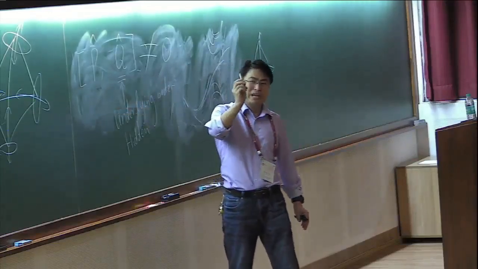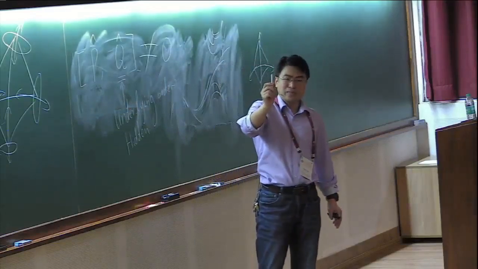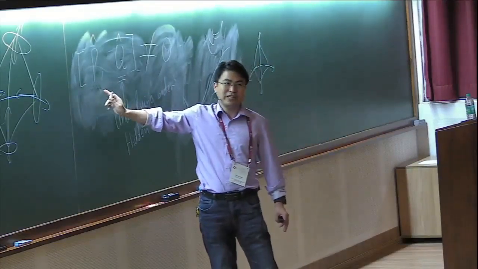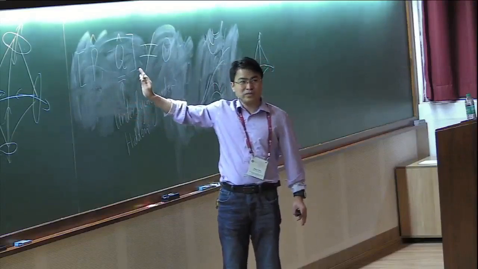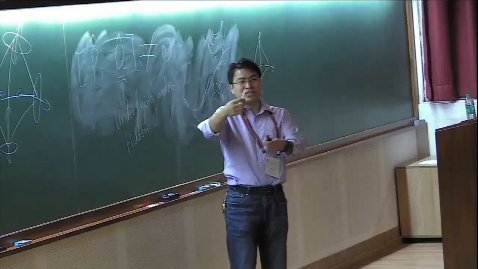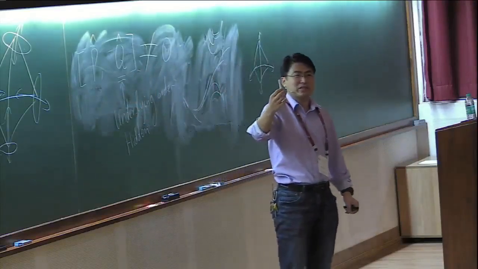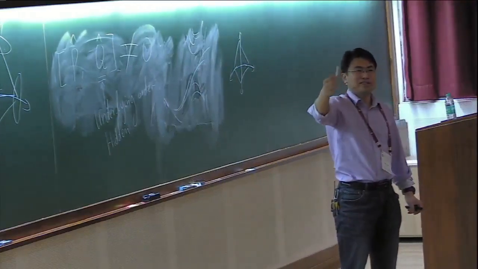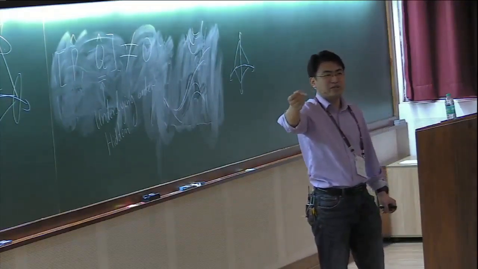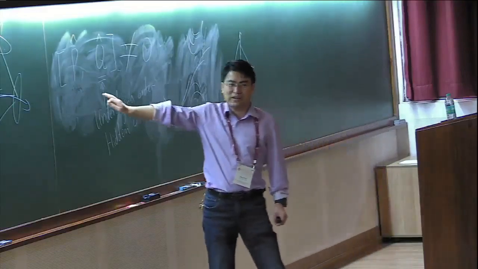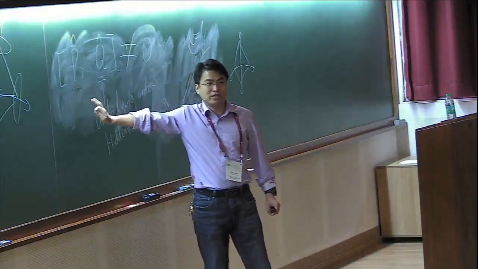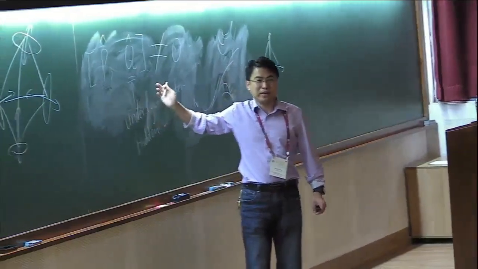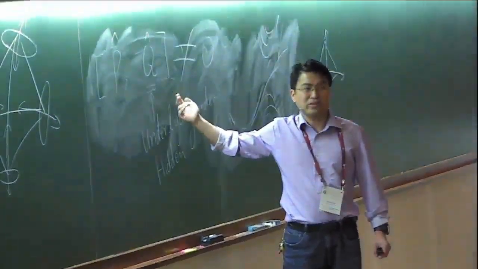So what does that do? What P does, P acting on Q will create a coherent excitation within the space of Qs, right? You apply P to Q, you create an excitation within the Qs, and then you measure the correlation function of P's. You actually detect the dynamic property of Q, right?